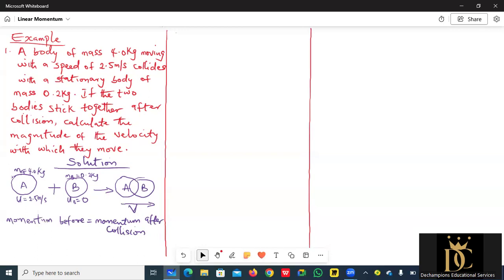Now, the momentum before collision will be the momentum of body A plus that of body B. Momentum before collision will equal momentum of body A, that is MA UA, plus MB UB. That's the momentum before collision.